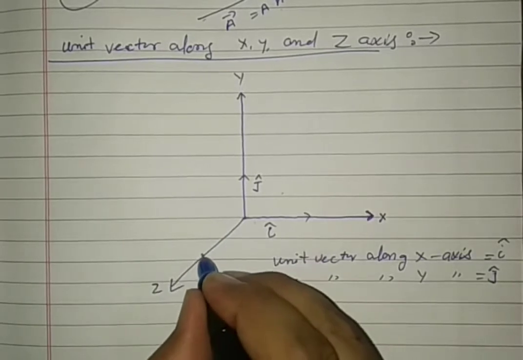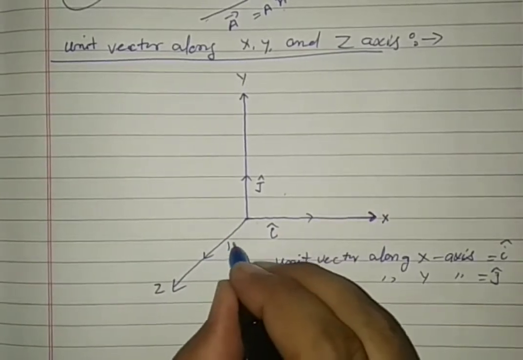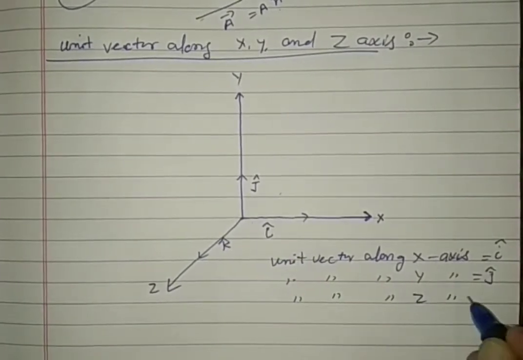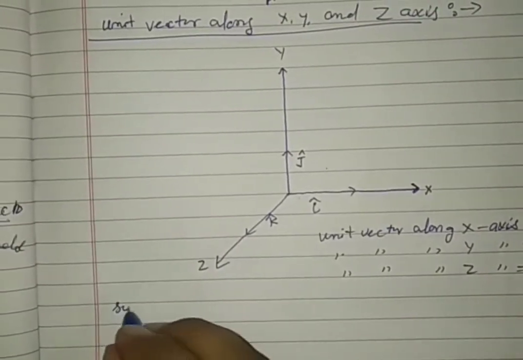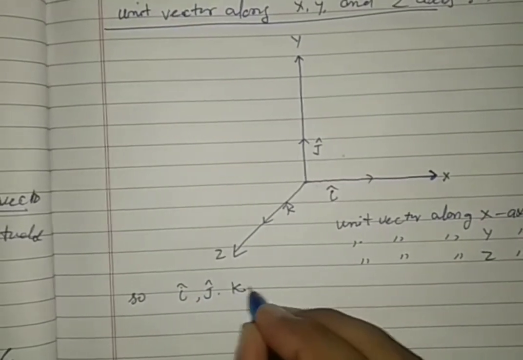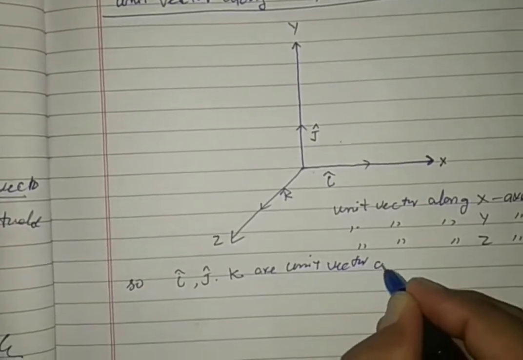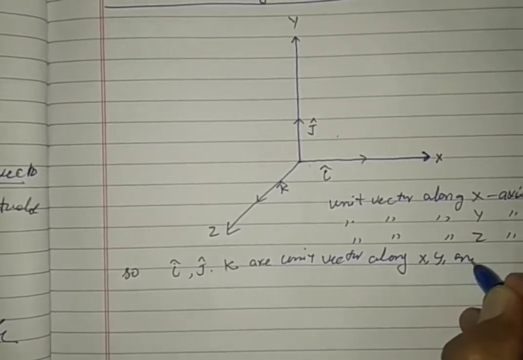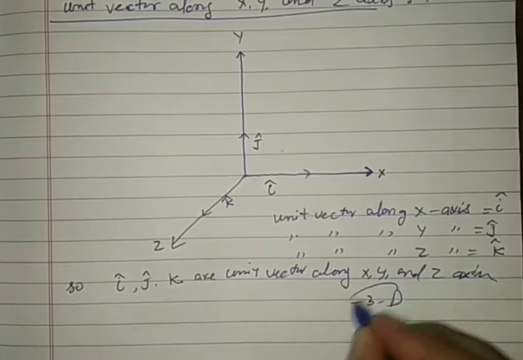And unit vector along the z-axis is represented by k cap. Unit vector along the z-axis is k cap. So we can say that I, j, k are unit vectors along x, y and z axis in 3 dimensions.